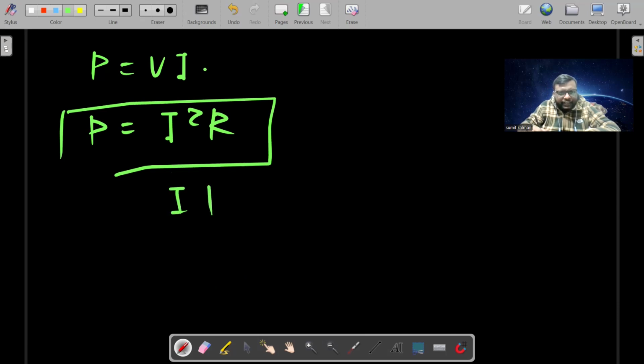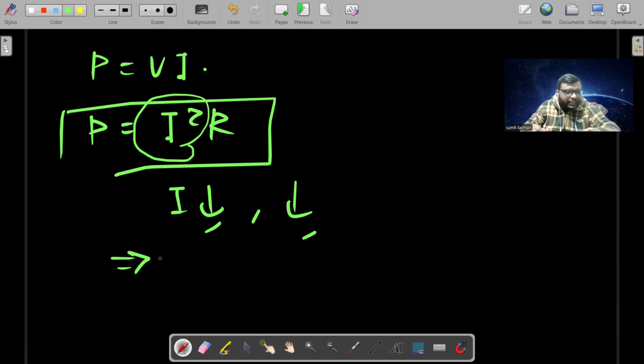Here power depends on I square, the square of current. So if current decreases, then power will also decrease. And if power decreases, then brightness decreases.